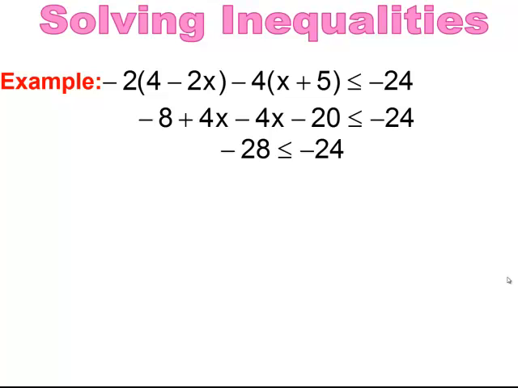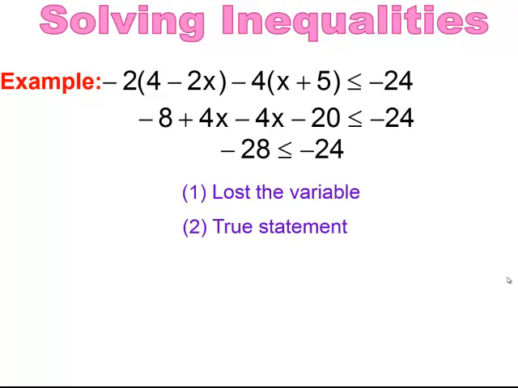When the variable is eliminated, we lost the variable here, and the statement is true, well, negative 28 is less than negative 24. It meets the condition that it's less than. It doesn't have to meet both conditions of less than or equal to, just has to meet the fact that it is less than a negative 24.